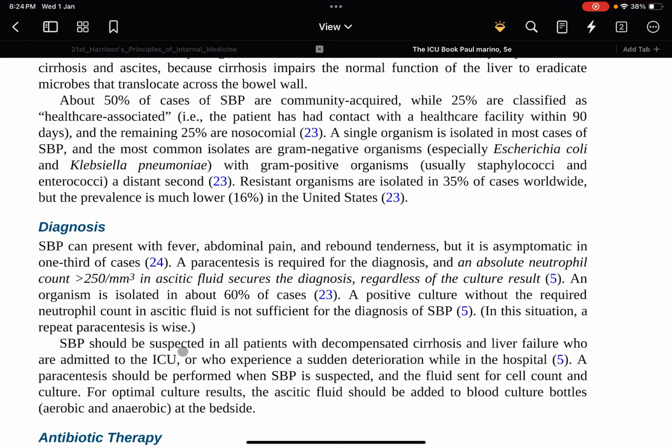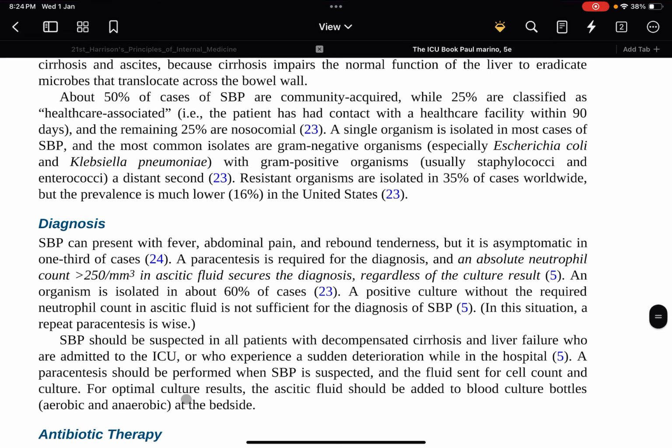It should be suspected in all patients with decompensated cirrhosis and liver failure who are admitted to the ICU and who experience a sudden deterioration while in the hospital. A paracentesis should be performed then, and fluid should be sent for cell count and culture.